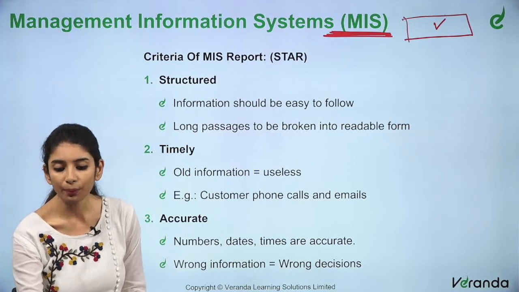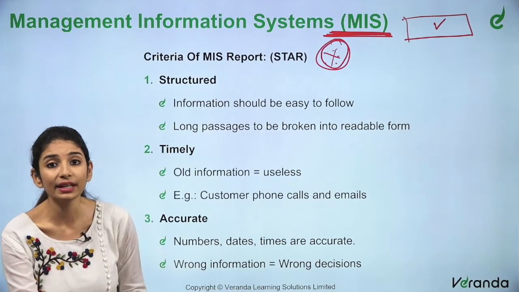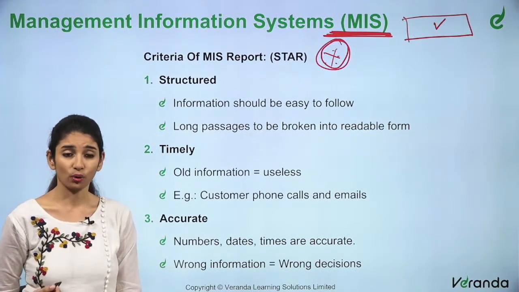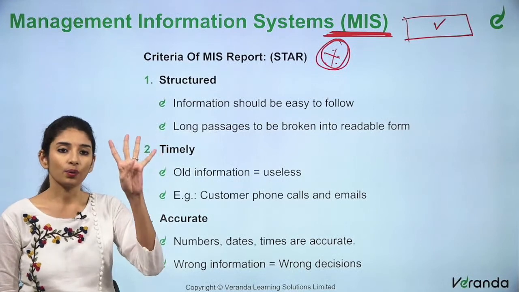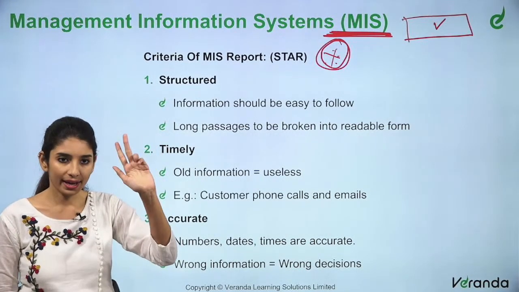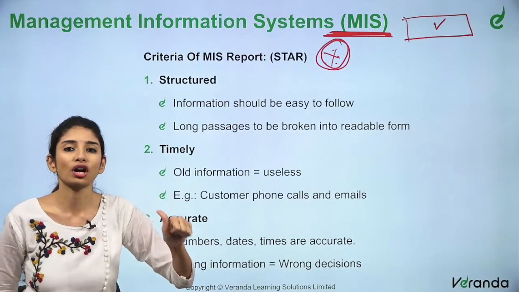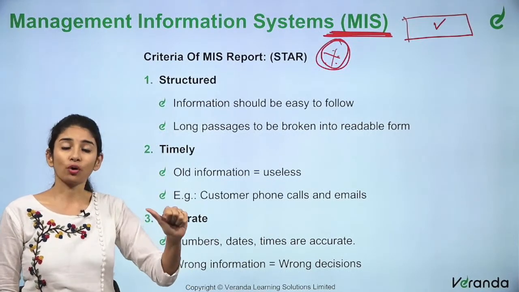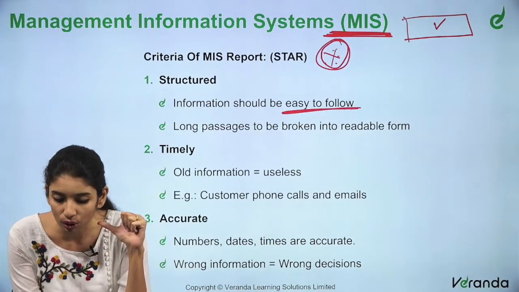Now we're going to study a very important question called criteria of MIS. Criteria of a MIS, Management Information System, report. Under that, the code word is STAR. We have 4 points. Now tell me, S. S stands for structured. Any MIS report should be well structured, easy to follow.